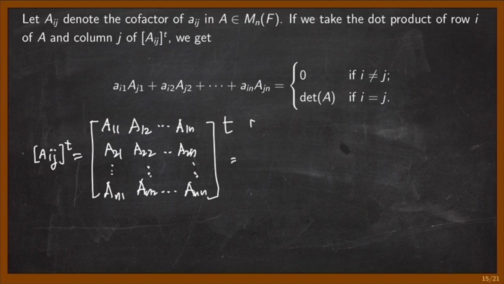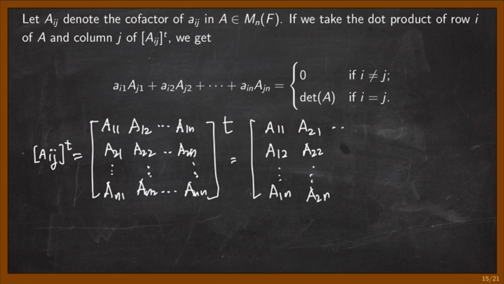The transpose should then be A11, A12. The first row will now be written as the first column. The second row will now be the second column. Of course, the last row will be the last column. So this is what we are referring to. Basically, this is just the matrix that contains all the cofactors transposed. We take the transpose.